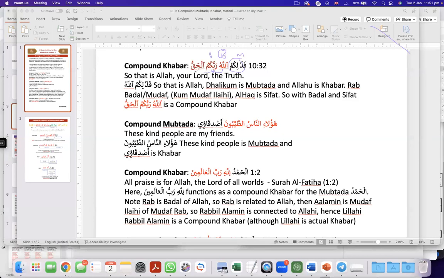And this is sifat. It is now describing Allah's quality, al-haqqu. He is the truth. Allah is the truth, sifat. So this is also reliant on this.